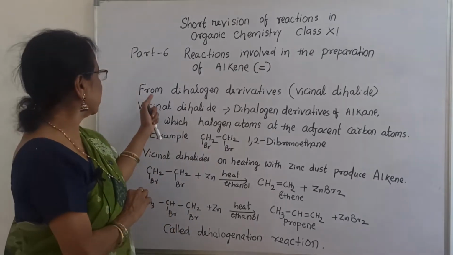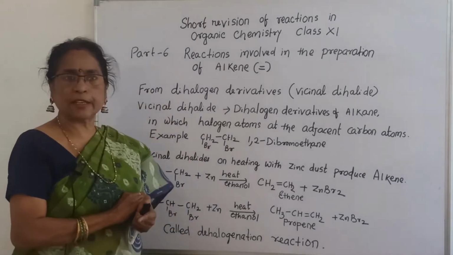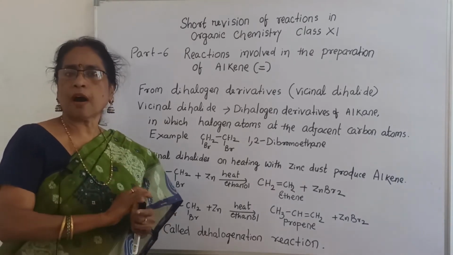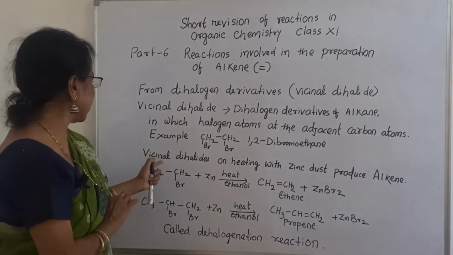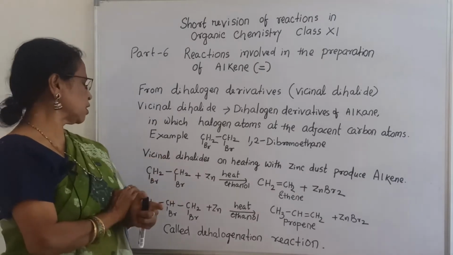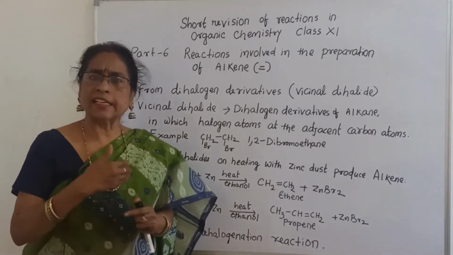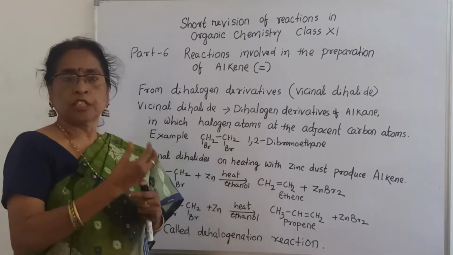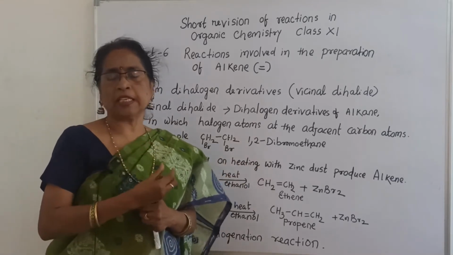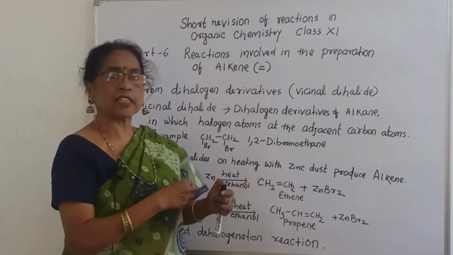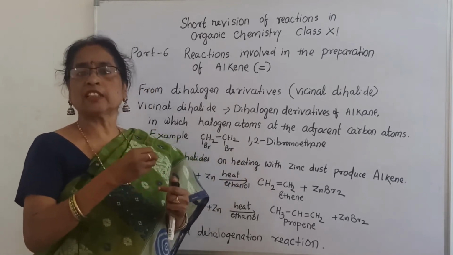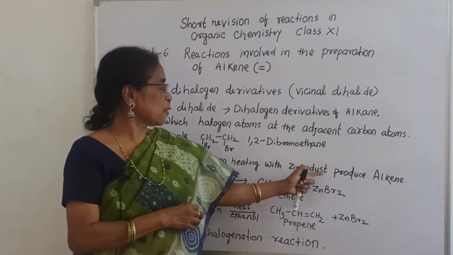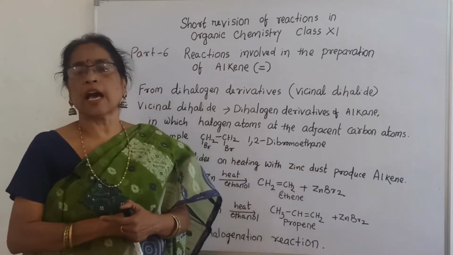Again, you can see from dihalogen derivative, di means two halogens in the derivative of alkane. Now see the example: when vicinal dihalide is heated with zinc, what happens? Zinc means zinc dust. Zinc is generally a granule piece, but in this reaction you should take zinc dust, zinc particles, and it produces alkene.